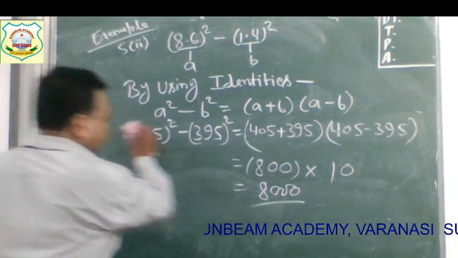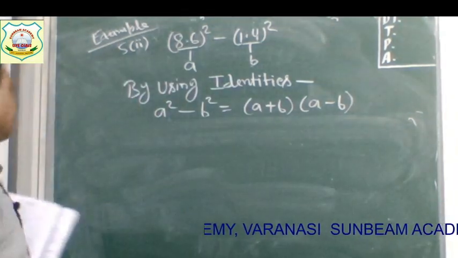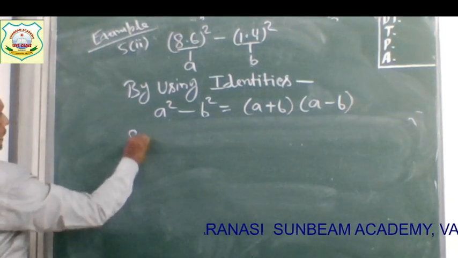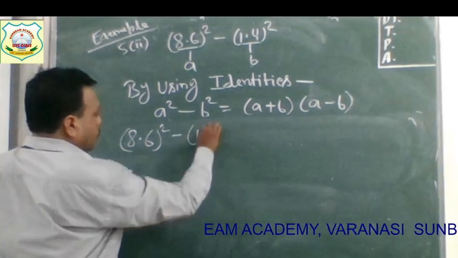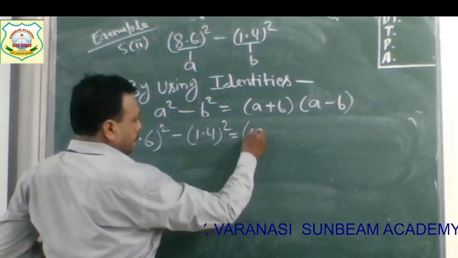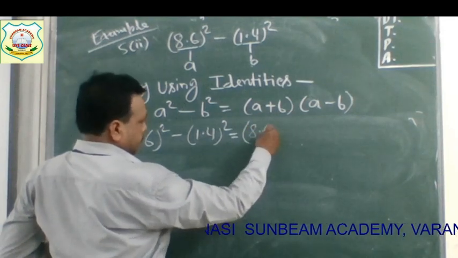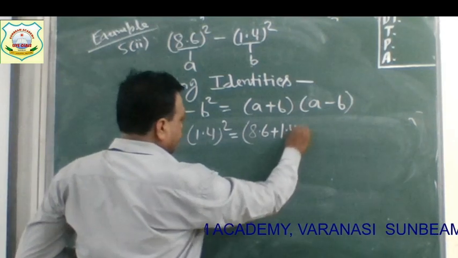Same here, by using the identity a square minus b square, 8.6 whole square minus 1.4 whole square equals 8.6, in place of a we write 8.6, plus b is 1.4, so we write 1.4.